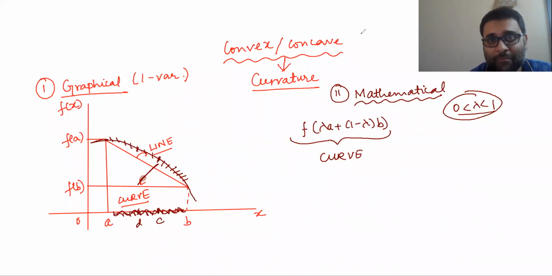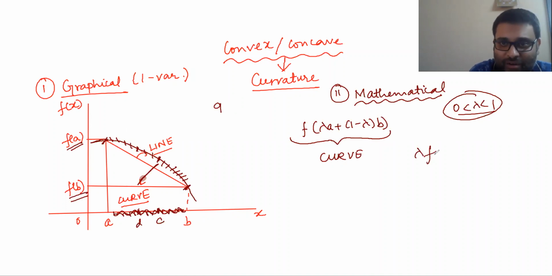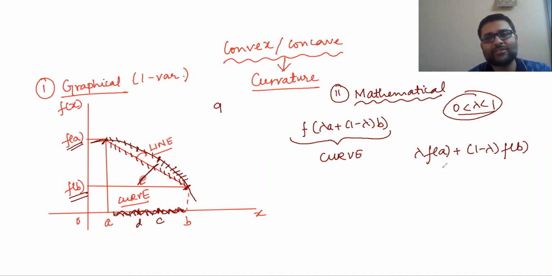And if you remember class 9 coordinate geometry, this is the point FA. This is the point FB. A weighted average of FA and FB will be all the points on this straight line.